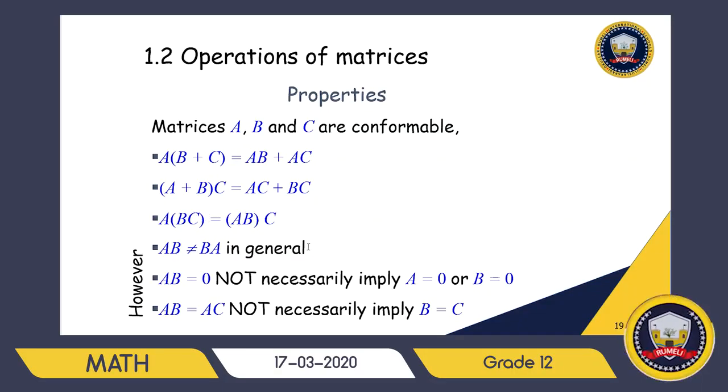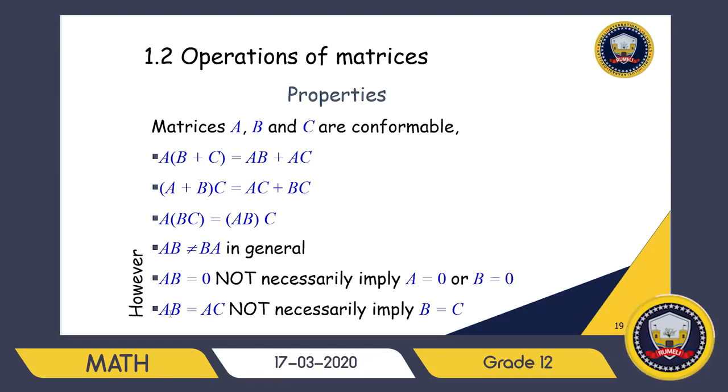In the previous slide, as we proved, in general we cannot say A times B is equal to B times A. And the most important note in this class is, if the multiplication of two matrices equals 0, this does not necessarily imply that one of these matrices, A or B, equals 0.